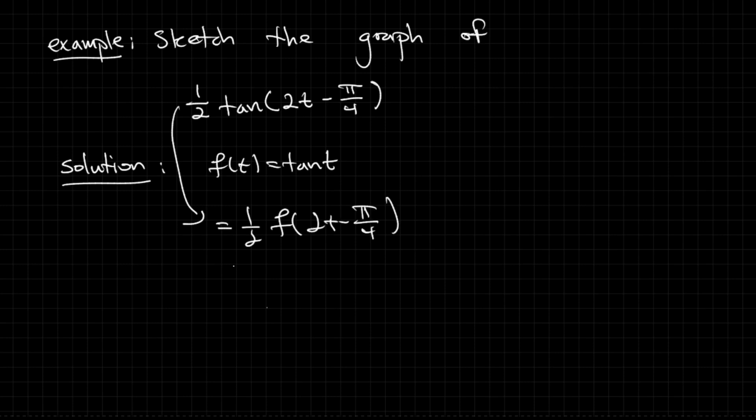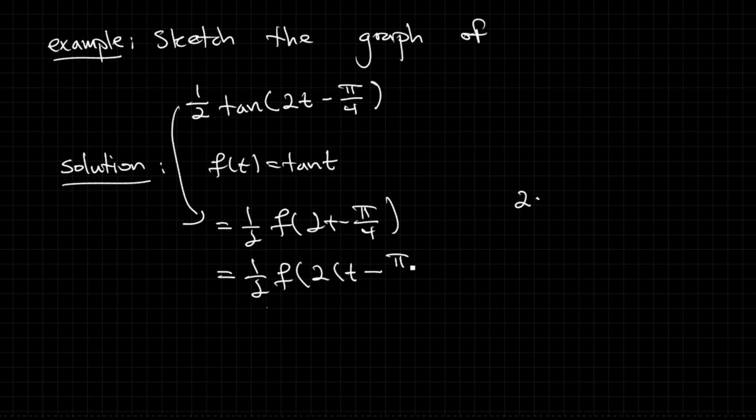And remember, whenever dealing with transformations, you want to make sure that you factor out whatever is on the t. So 1/2 f of 2 times (t minus, and let's perhaps give myself a bit more room, 2 times what would be pi over 4? Well, if you don't see the answer immediately, write out what it is.